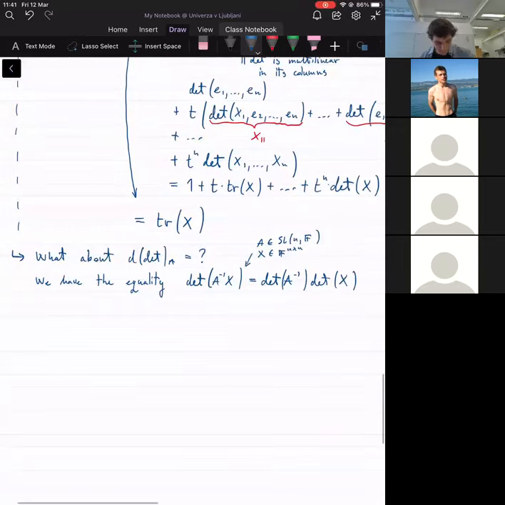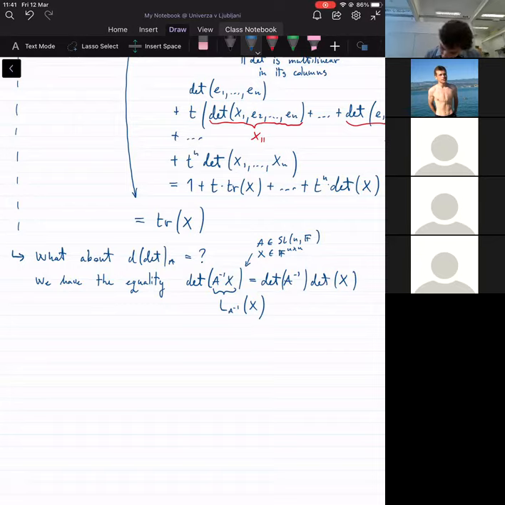So this here is nothing else but left multiplication by A to the power of -1 of x. So this is left multiplication now. All right.